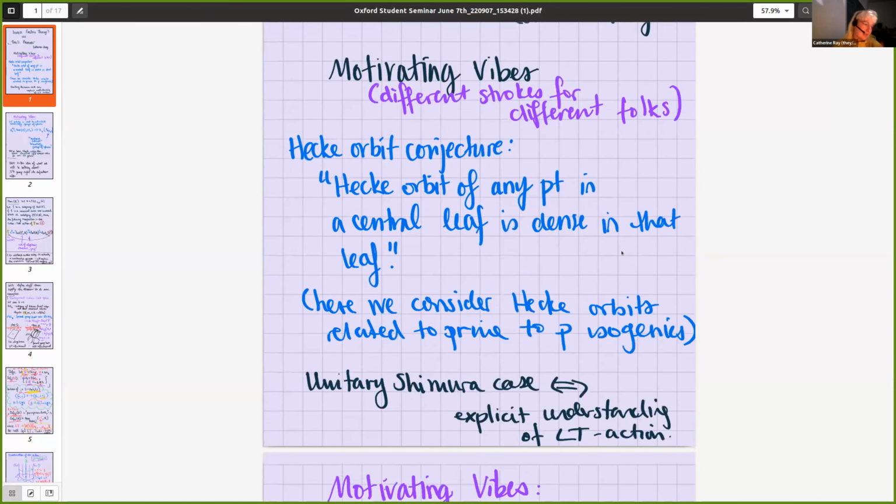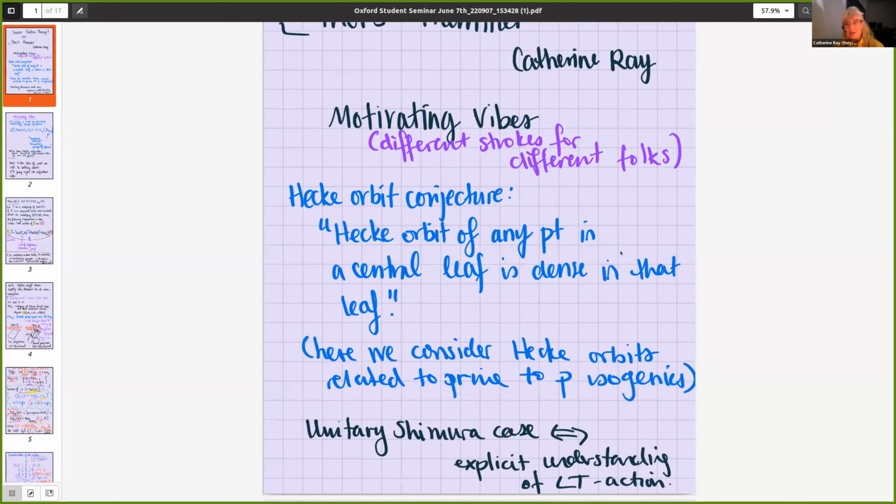So, motivating vibes. As I said, there's this motif of a group acting on a space, and we want to understand the cohomology of that group acting on that space. Now I want to give you a bit of context for why we would care about the particular group and space I'm going to talk about.